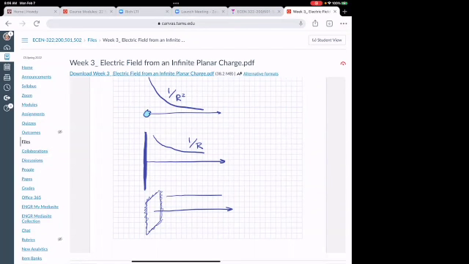And then we're going to do a charged loop, because these are very fundamental shapes. Every time you have to solve something, it's going to be either a loop, or a finite line charge, or a combination of sections of charges. A square, for example, is 4 finite line charges. A triangle is 3. So you can synthesize different shapes from that.